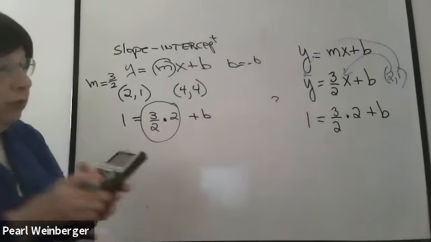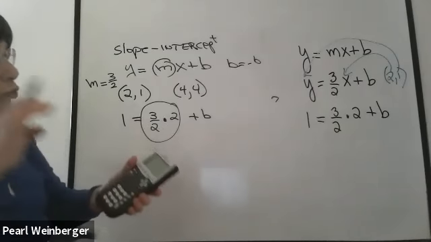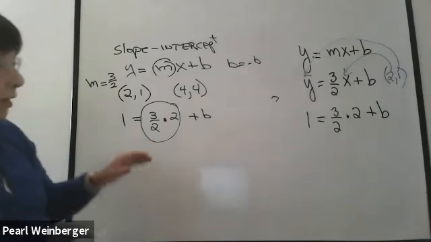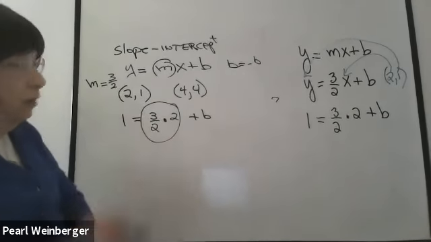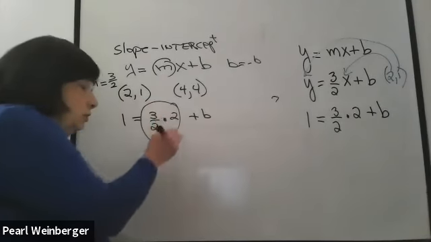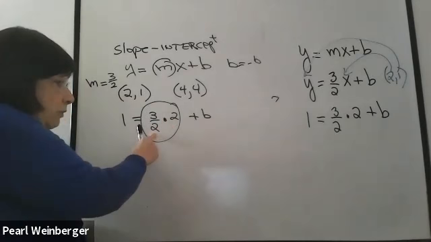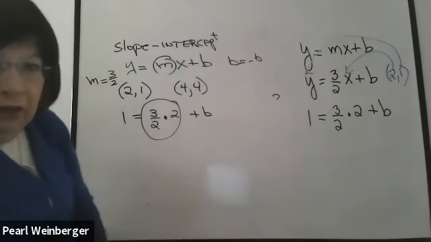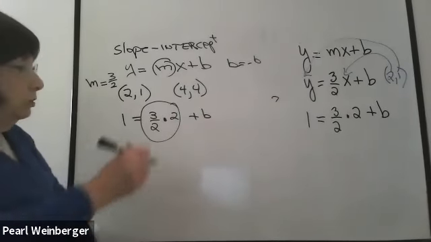Again, you could do it on your calculator by doing 3 divided by 2 times 2 and pressing equal. You can always do it that way. But I'm going to show you how to do it, as it reminds you how to work with fractions. Since the 3 over 2 is a fraction, I want to write the 2 as a fraction as well, because it's very hard to mix whole numbers and fractions.